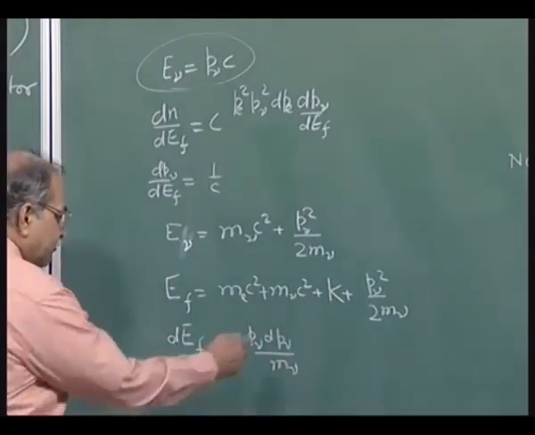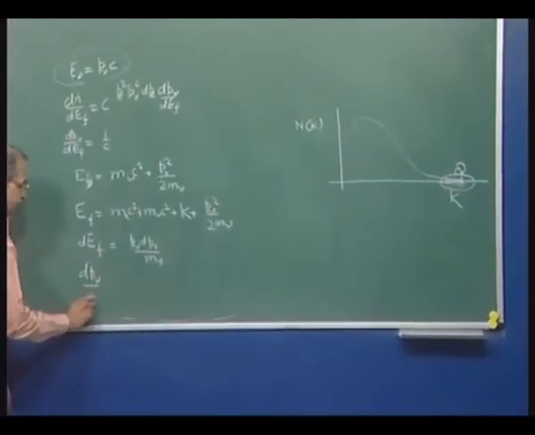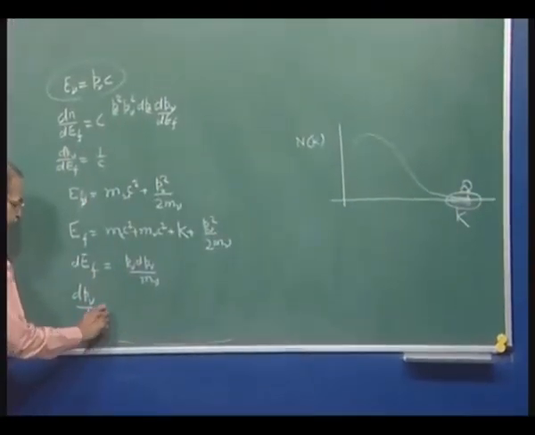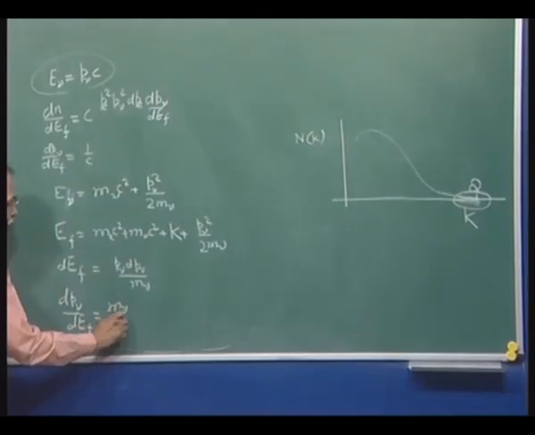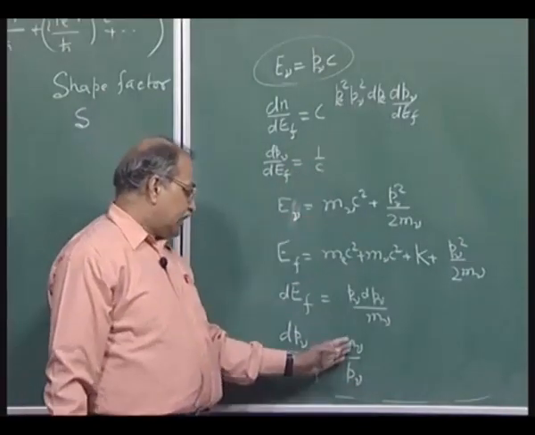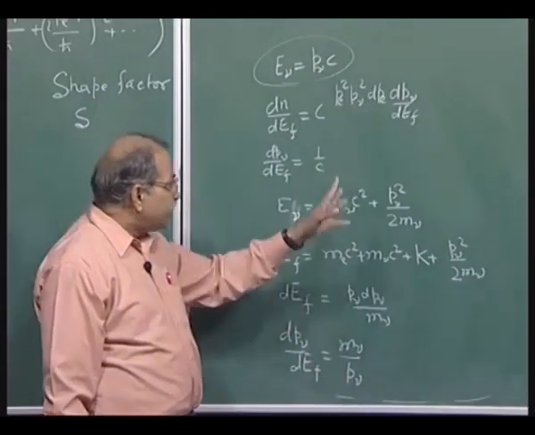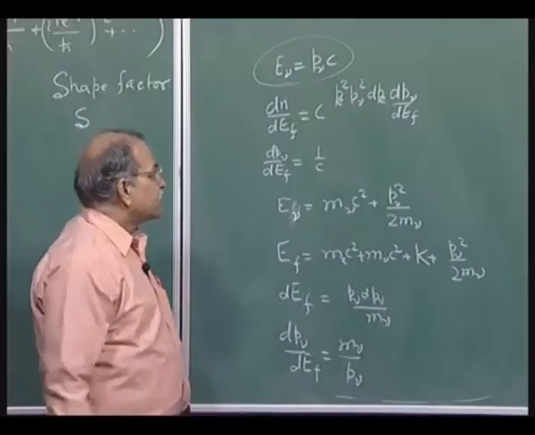Therefore, dP_nu over dE_f will be m_nu over P_nu. So, in place of this 1 by c, we will have 1 by P_nu, and that will change the shape quite considerably.